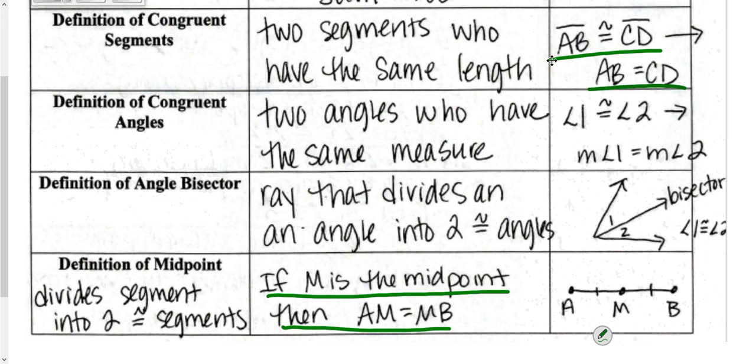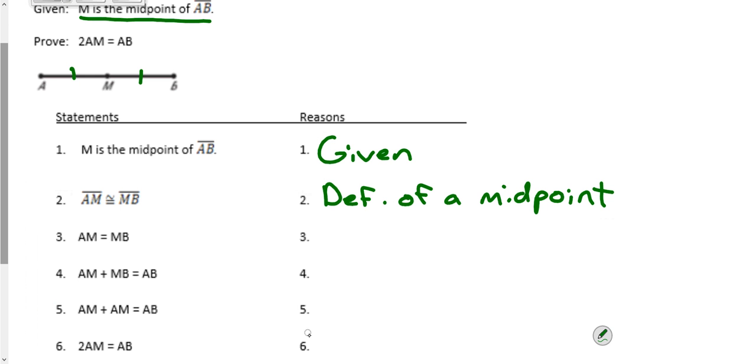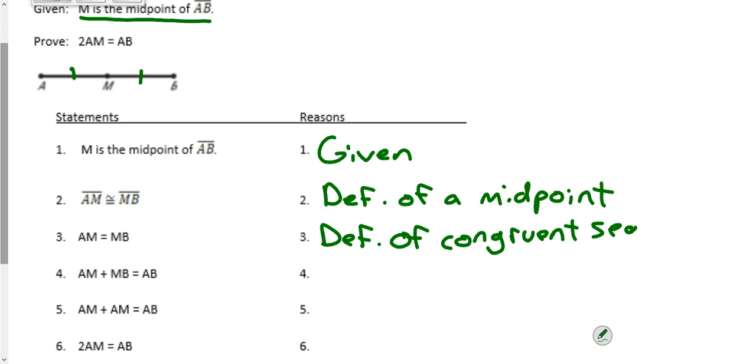So that segment AB is congruent to segment CD means that AB equals CD. It's two segments who have the same length. So that's the definition of congruent segments.